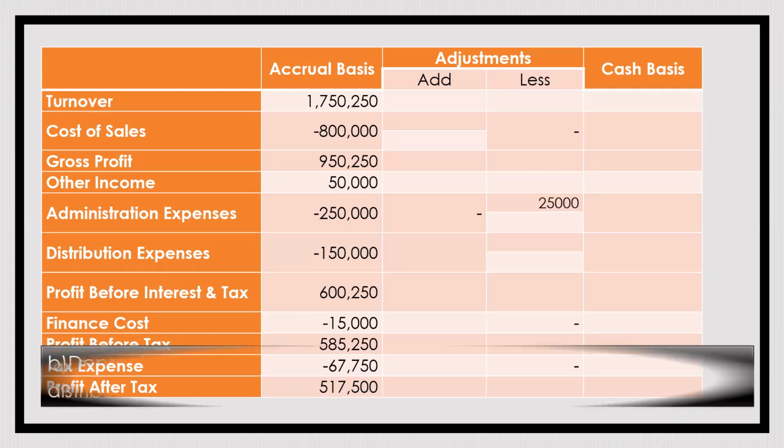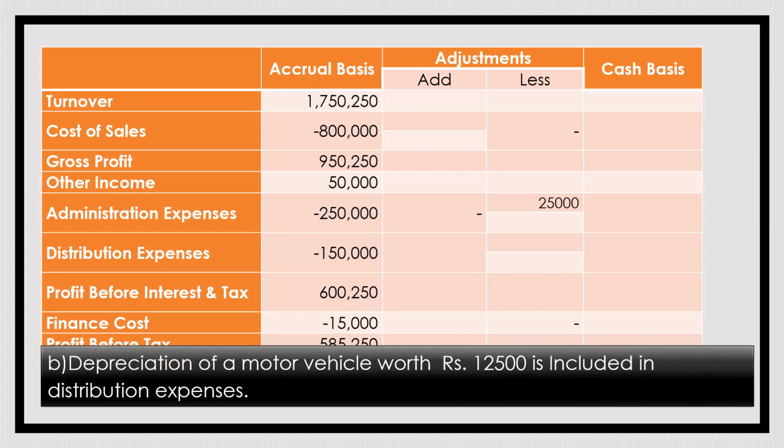Then the next one. Depreciation of motor vehicles worth 12,500 included in the distribution expense. So this depreciation of motor vehicles, 12,500, is included in the distribution expense.